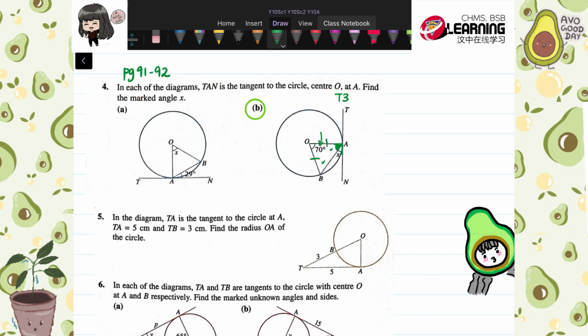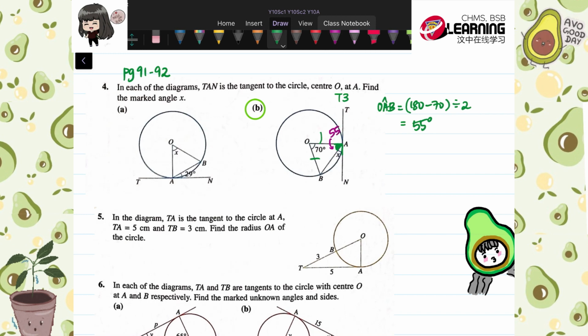So I will find angle OAB first. Angle OAB will be 180 minus 70, and then divided by 2. So I minus and divide by 2, I get 55 degrees.